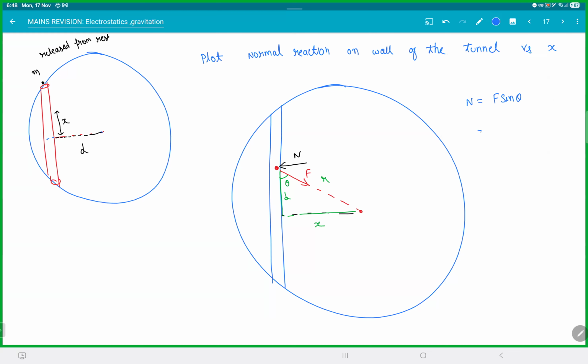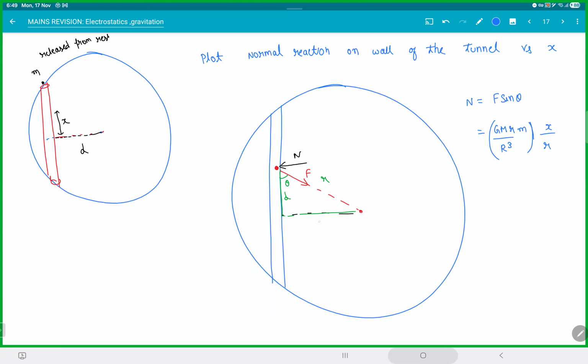And what is F? F is G M small r by r cube, that's your field, into mass, that is your force, into sine theta. Sine theta is again x by... wait, I wrote wrong.